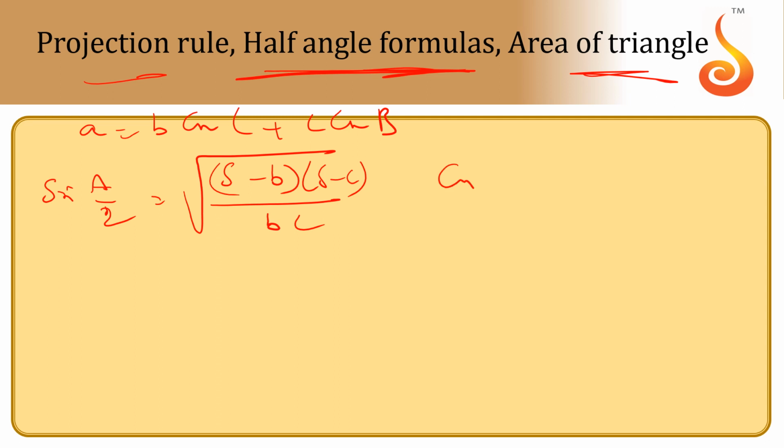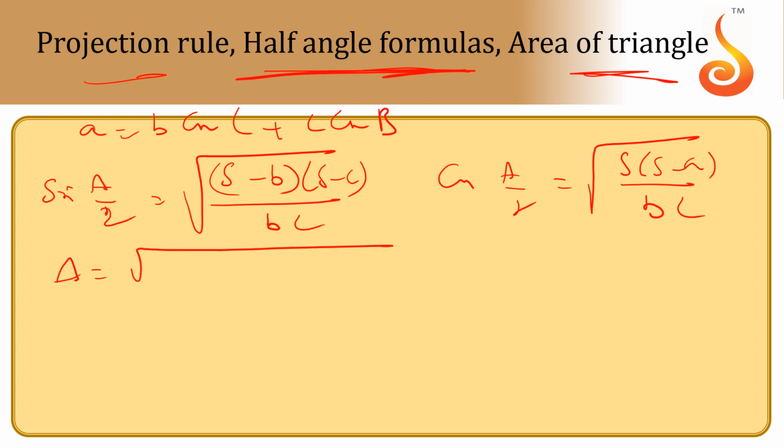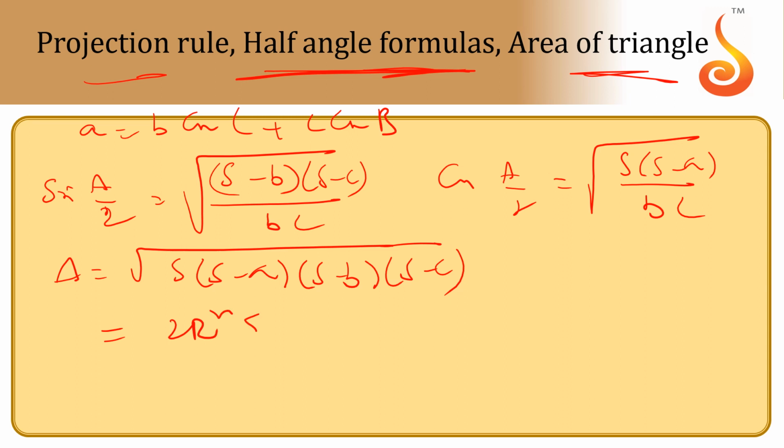Similarly, sin B by 2, sin C by 2 you can write. And cos A by 2 is nothing but under root of s(s minus a) by bc. By using this, you can generate Heron's formula, delta equals under root of s(s minus a)(s minus b)(s minus c). So you have a lot of formulae for delta. You have to learn all the formulae.